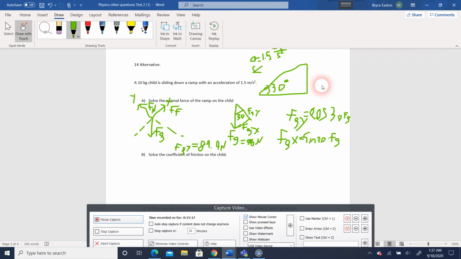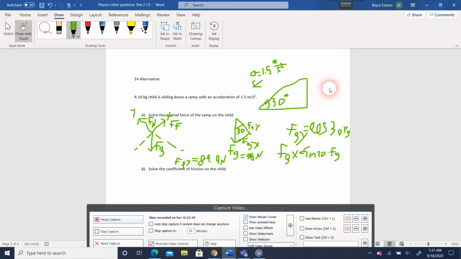What we want to do then is compare every force in the y direction. If we examine just the y direction, the only force we have going up this way is force normal, and the only force we have going down is Fgy.